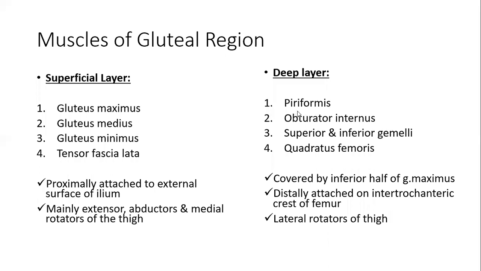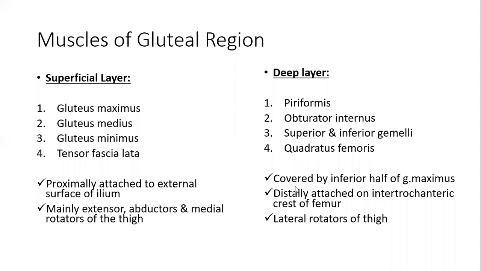First of all, piriformis, which is an important landmark in the gluteal region. Next to it is the obturator internus, and above and inferior to obturator internus are located superior and inferior gemelli, respectively. And in the lowest part of the deep layer, quadratus femoris is located.